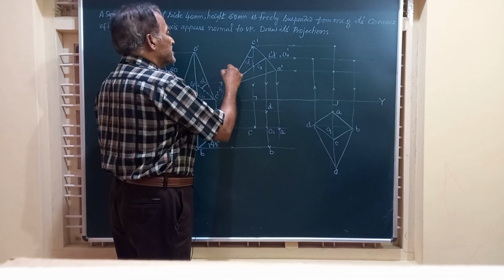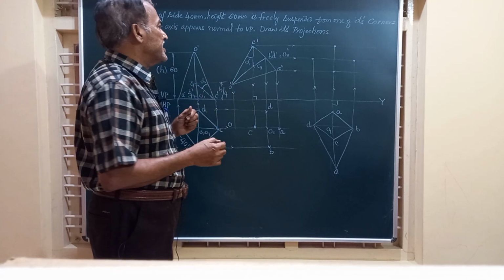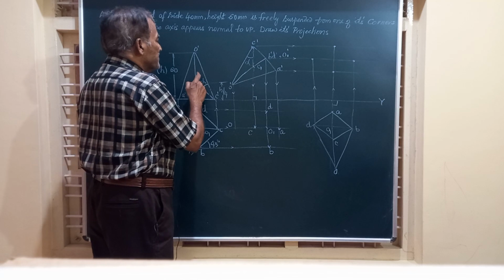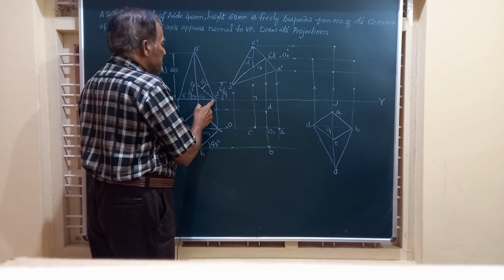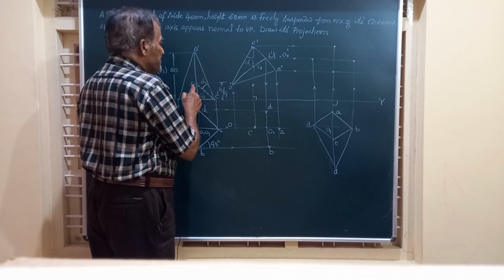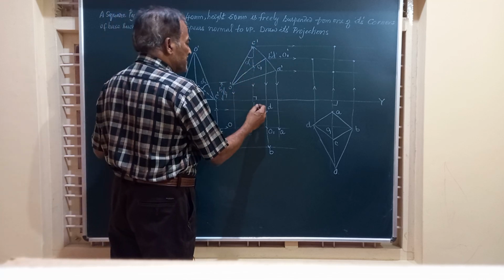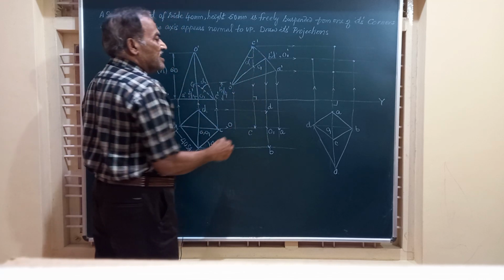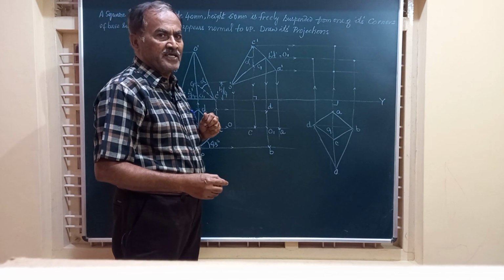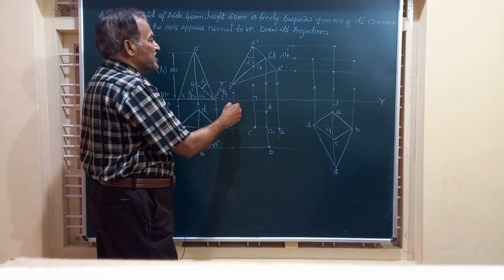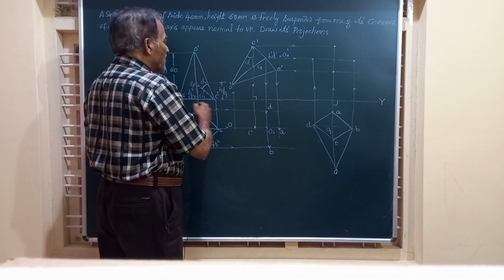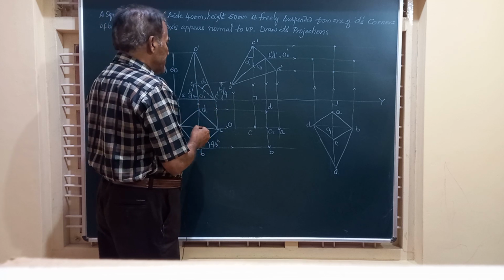Friends, the next step is very important. We have to redraw this figure such that this line C dash G becomes vertical, or perpendicular to XY. With this construction, we have to redraw this figure. So how to do that, friends?